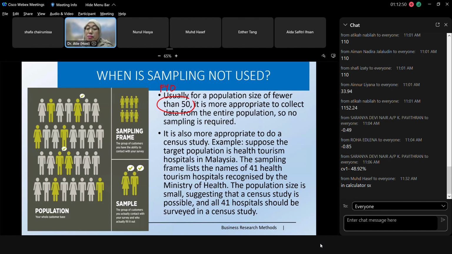For example, the sampling frame lists the names of 41 Health Tourism Hospitals in Malaysia. So you only have 41 hospitals, and therefore we will advise you to use a census instead of a survey.